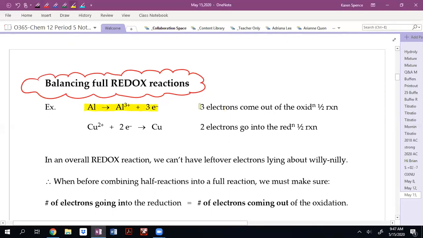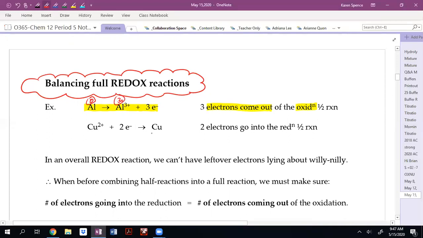So we have 3 electrons coming out. The electrons come out, and therefore, because the electrons are coming out, it is an oxidation. You can see that the oxidation number got bigger. It went from 0 to 3+.